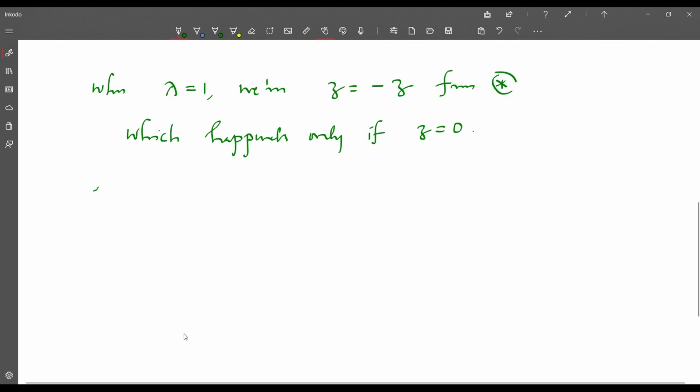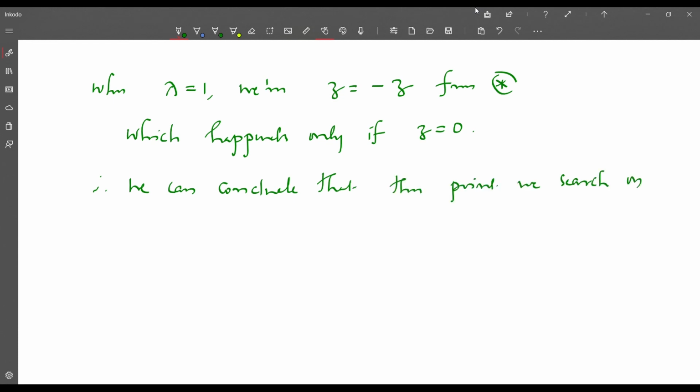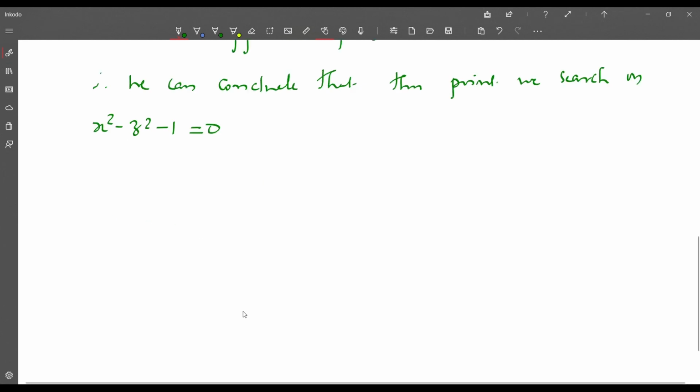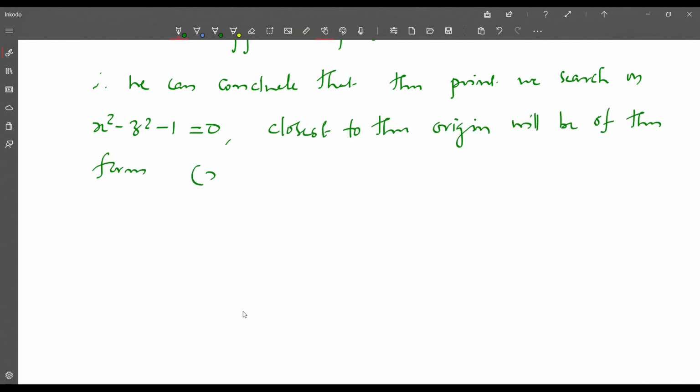Therefore, we can conclude that the point we search for on x square minus z square minus 1 equal to 0, closest to the origin, will be of the form x, 0, 0.